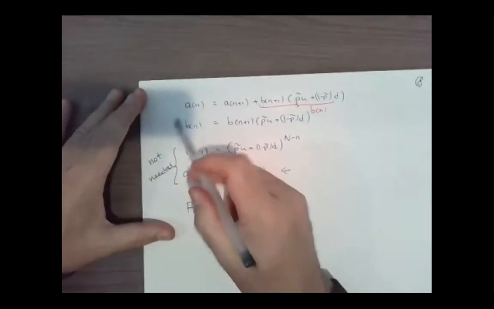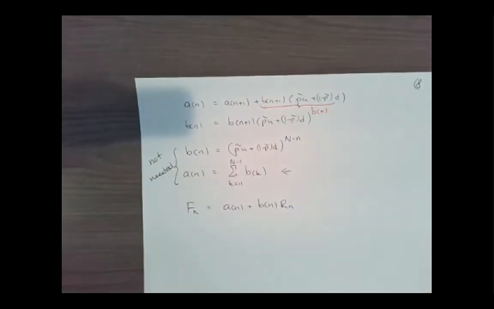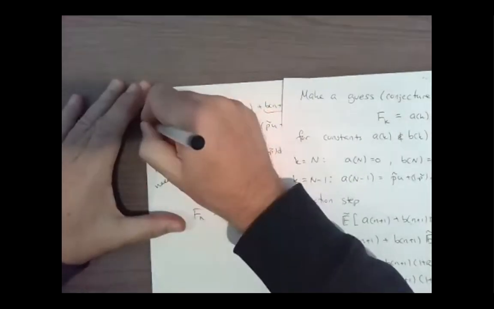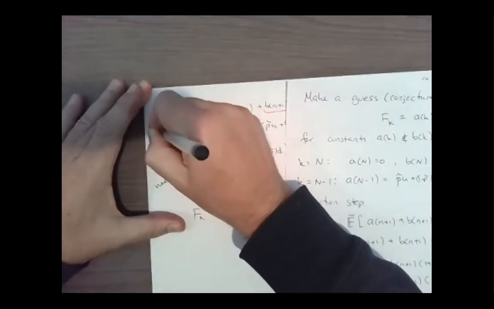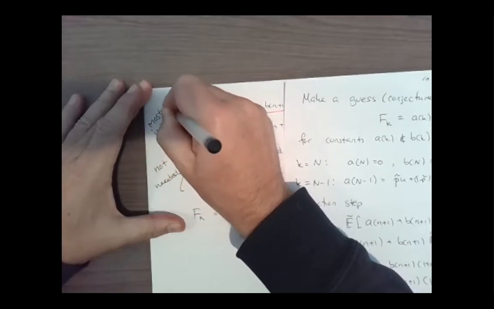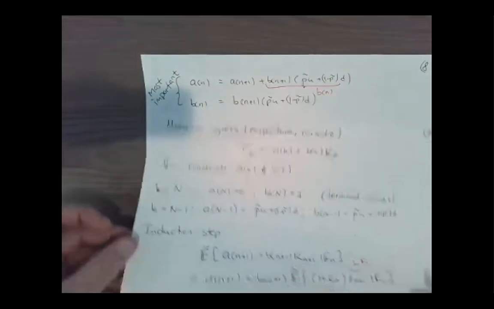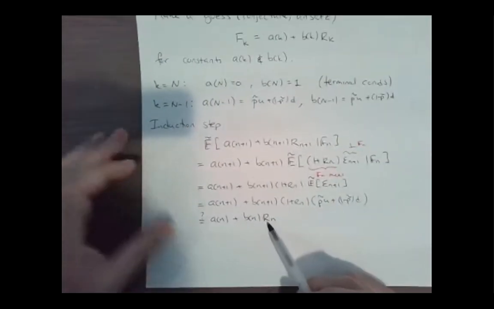I'm happy if you can get these recursions out there. So how did you get the recursions? This one here is the most important part. So how did I get them?